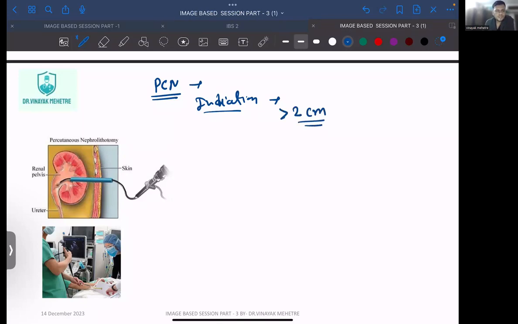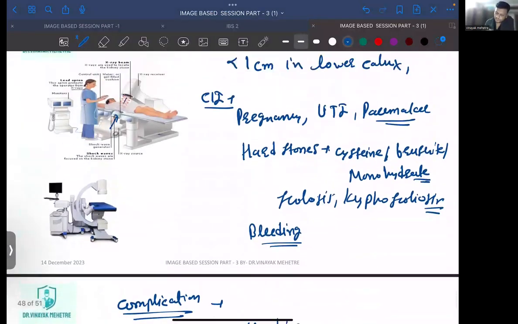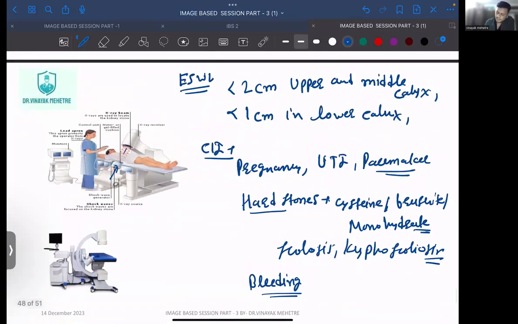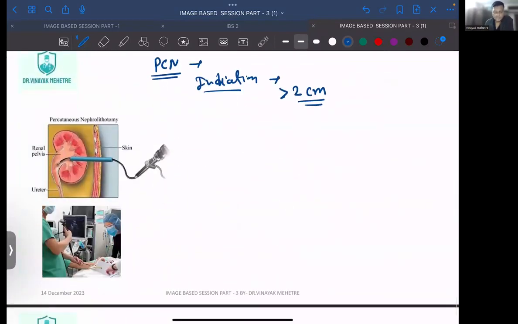Okay, right? What was in the contraindications? Hardest stone. This one can also be removed by that one, right? In the lower calyx, how much can we remove? Only 1 centimeter. So lower calyx stones which are more than 1 centimeter will also be removed, right?